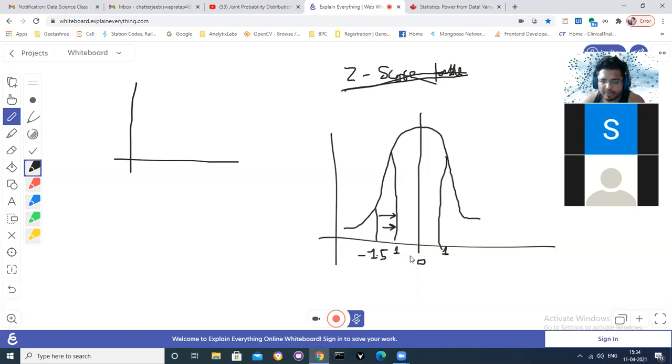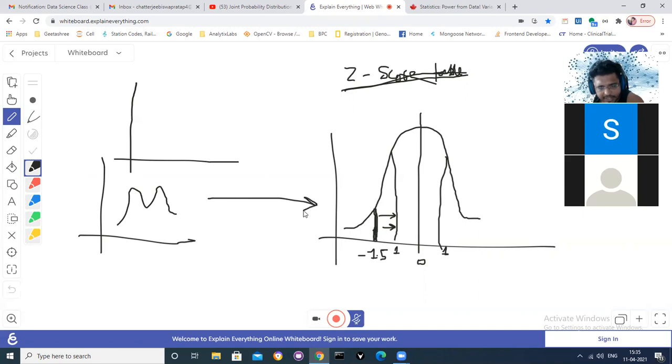Now I have to calculate the entire probability on the right of this point. First, I have a random distribution. I convert it into a Gaussian distribution using the z-score formula, (xi minus mu) divided by the standard deviation, on each point. After that, I have a standard Gaussian distribution.